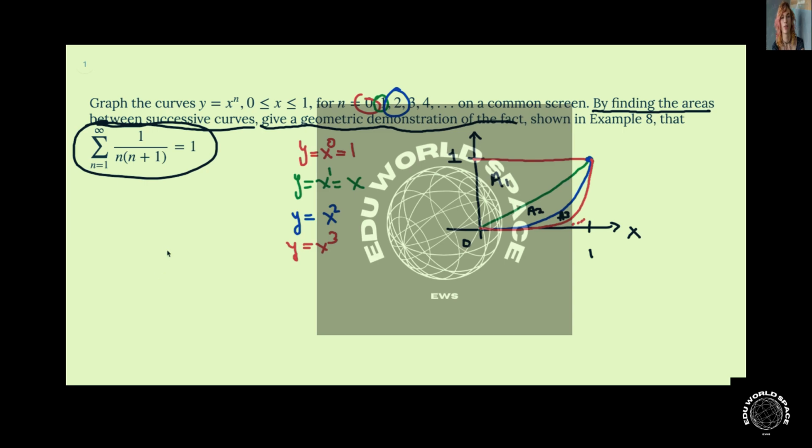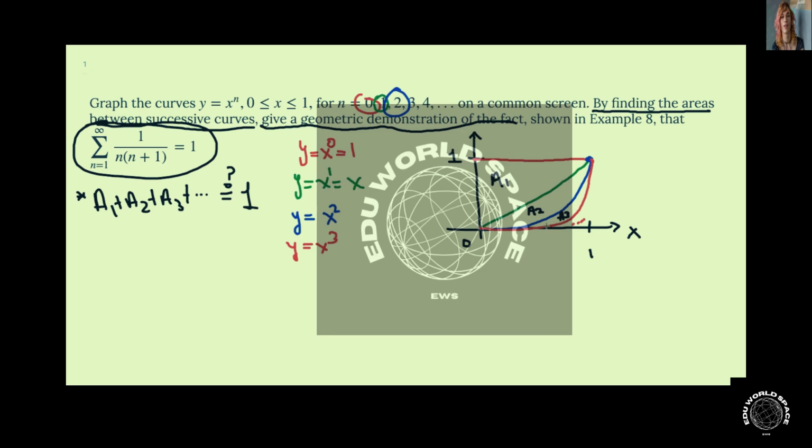Let's make an observation here. Let's write A1 plus A2 plus A3 plus ... What should the sum go to if I keep doing this forever? And I claim it'll be 1.